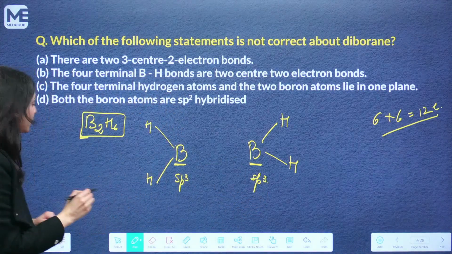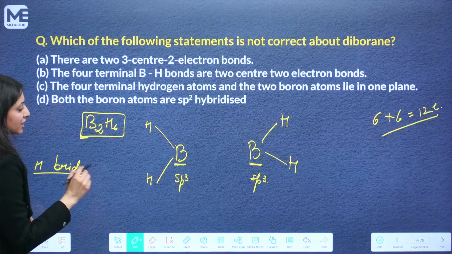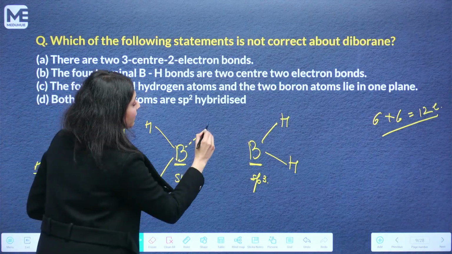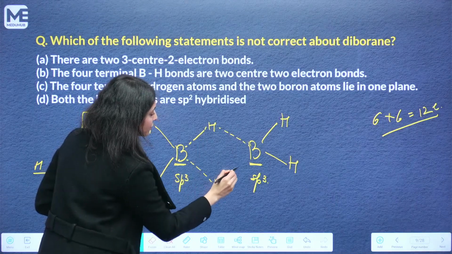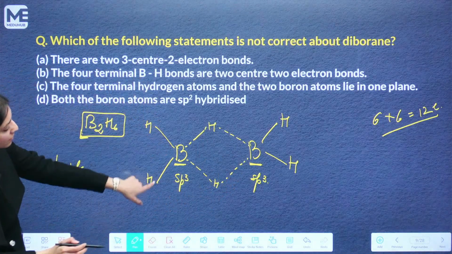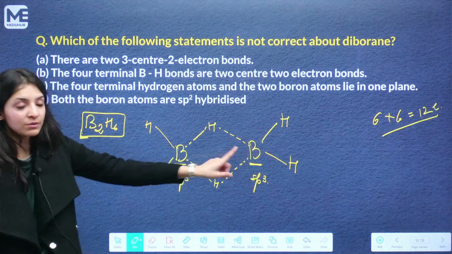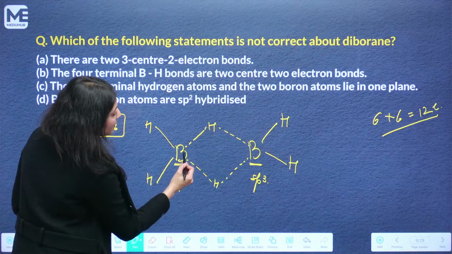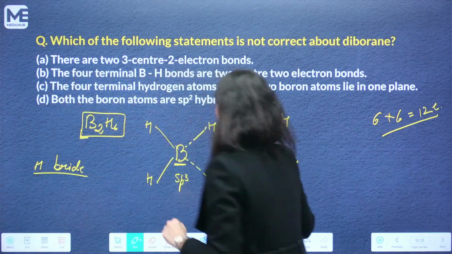And they form bridge bonds. So hydrogen bridging takes place, and we have bridging bonds with the remaining 2 hydrogens. These 2 BH bonds here and these 2 BH bonds here are normal covalent bonds, and these BHB, BHB are bridging bonds, also called banana bonds.